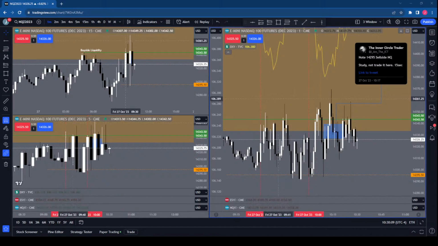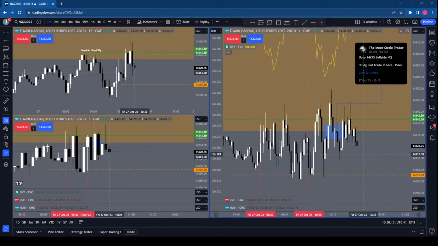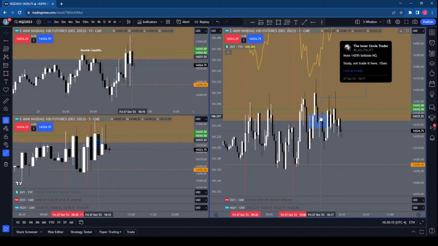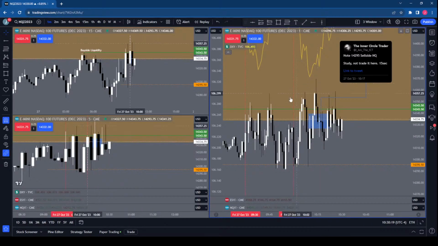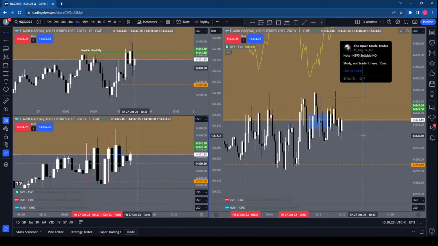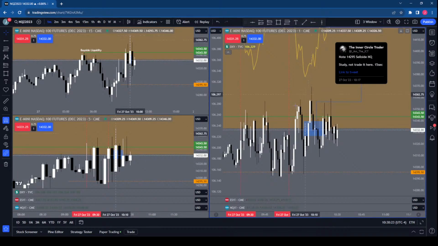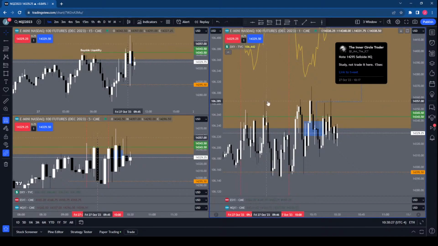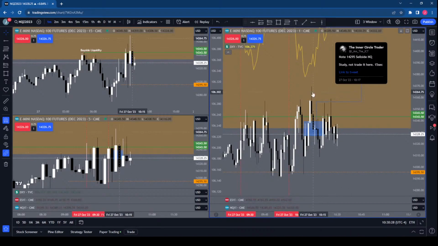So this is a new intermediate term high after taking. So I want to go back and watch that video because I'm noting when he tweeted this and what structure was doing at the time. It's right after we put in a new intermediate term high after taking a previous intermediate term high.